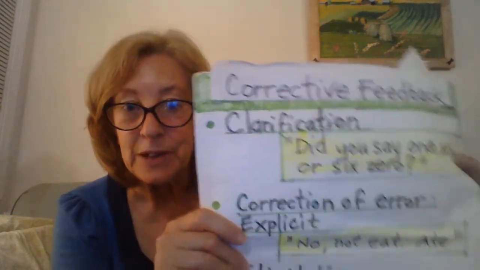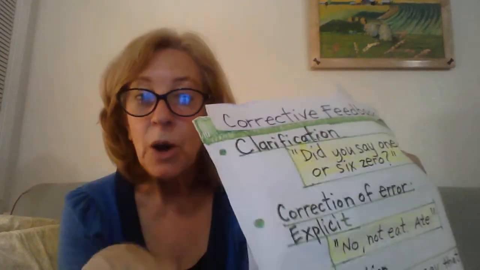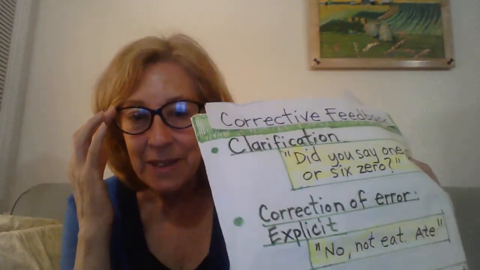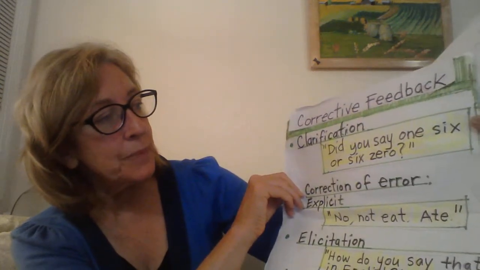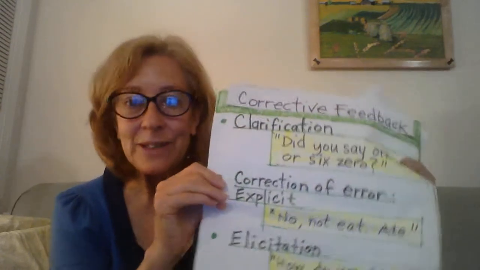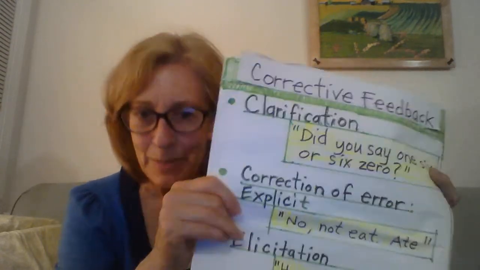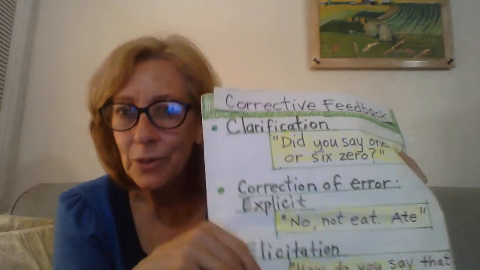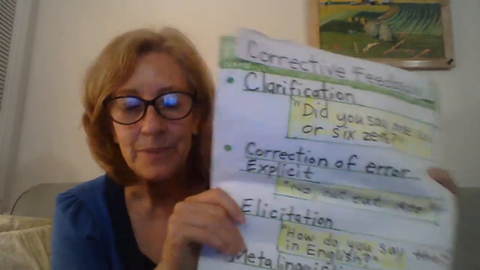You can ask for clarification. You can say, "Oh, can you tell me a little bit what you were trying to say there?" Or, "Did you say 16 or 60?" So just asking them for a little more information so they can think about it and look for another way of doing it.